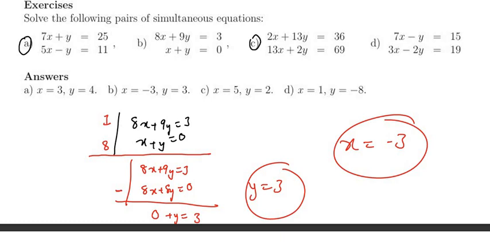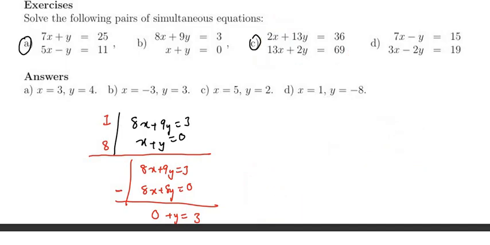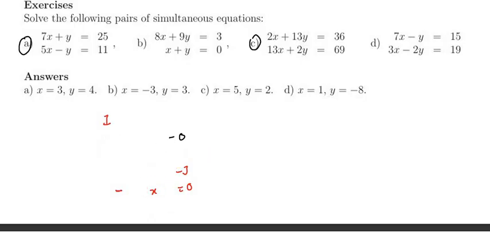So now I'm interested to solve this last one here. You look at the letter that you are interested in cancelling. So if you want to cancel out letter y, for instance, it's up to you to decide. So letter y has the coefficient of 13 in the first expression. So there is a 2x plus 13y is equal to 36.